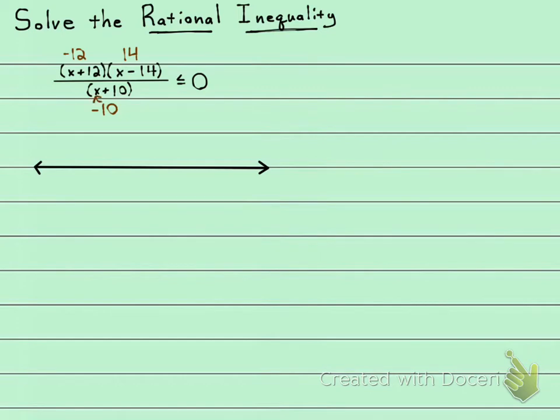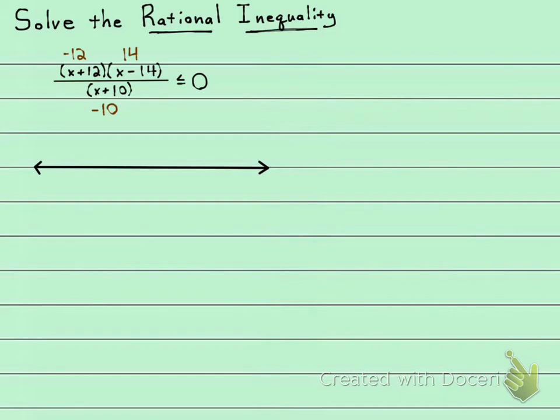But down here, this negative 10 is not going to get a bracket, because if you plug in negative 10, you will get a 0 in the denominator, and that does not exist. That's not a real number. So we will have a bracket on the 12, a bracket on the 14, but the 10 is going to get parentheses.